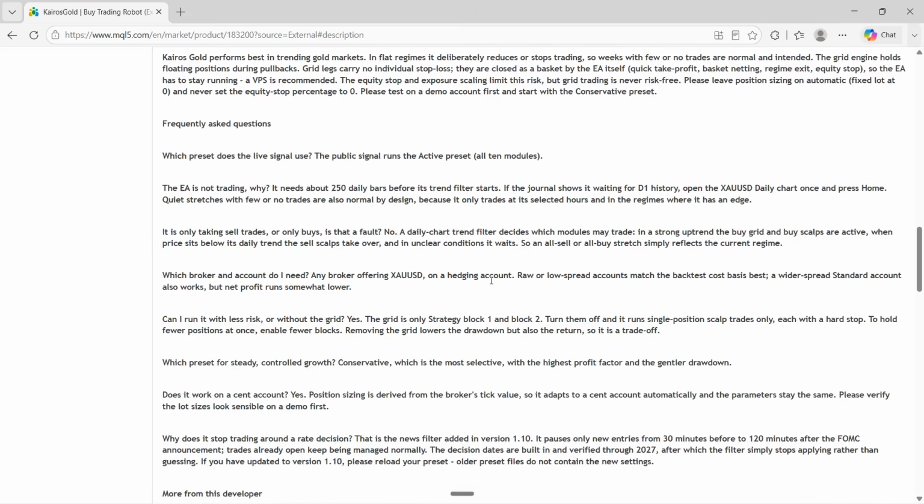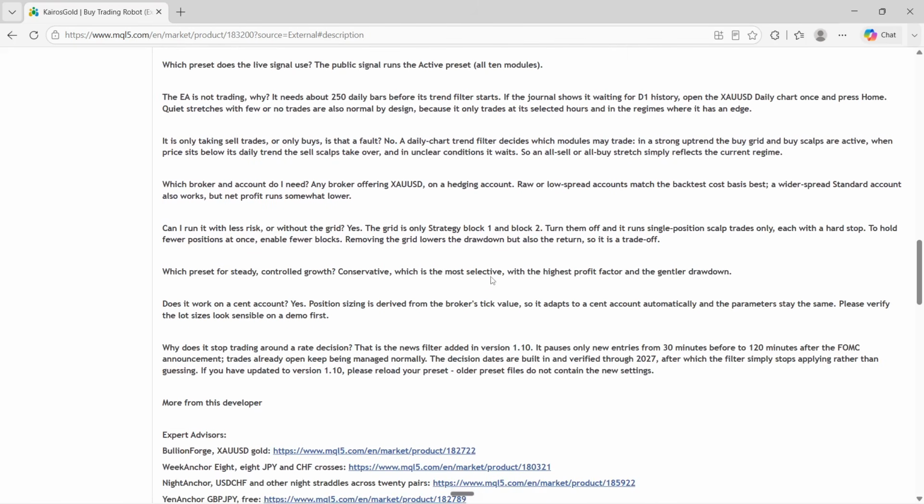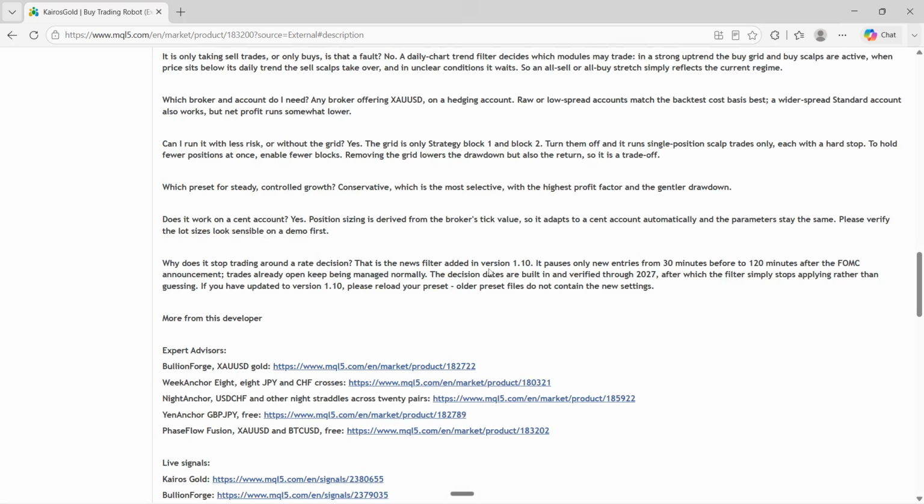Recommended setup is a hedging account, XAUUSD charts, starting balance preferably $1,000 or more, lot size scales with balance, and a VPS. Daily history of about 250 bars is required before trading begins.